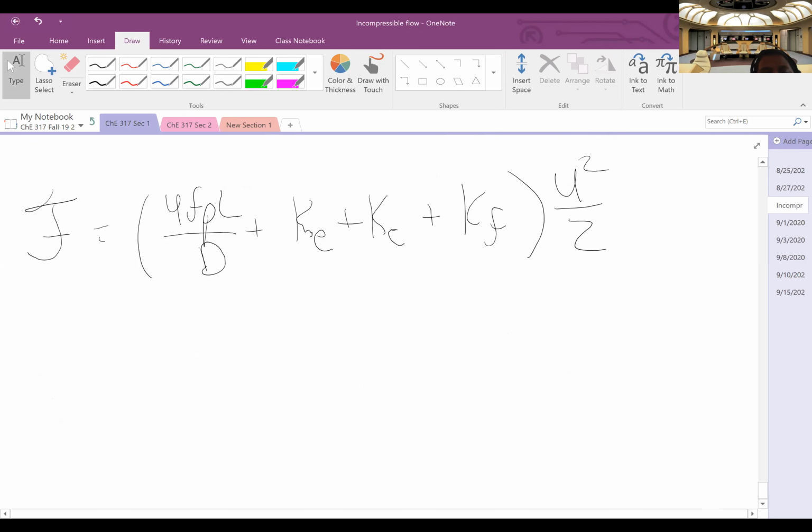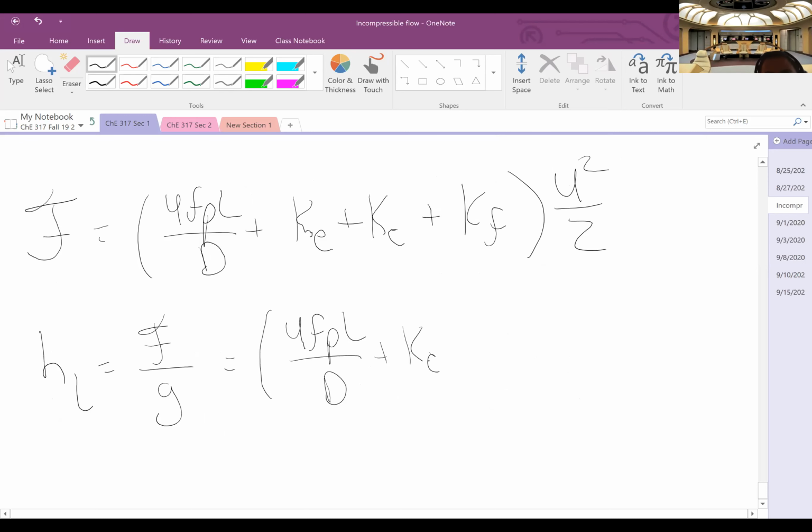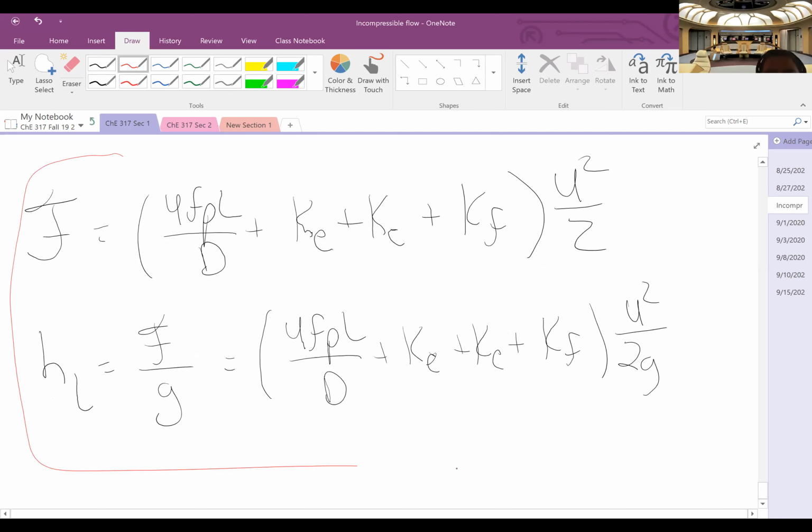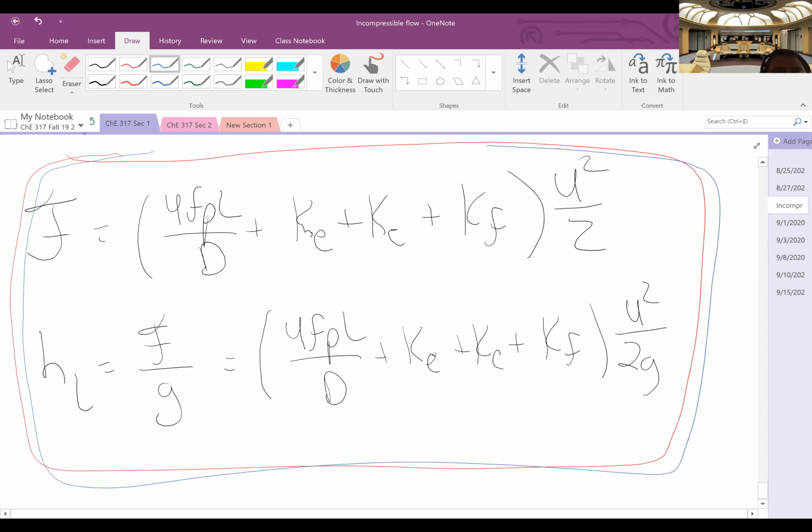And if I wanted to write it in terms of head loss, it's the same thing, but all we have to do is add gravity in the mix. So this is the full expression to quantify friction in our energy balance expression.